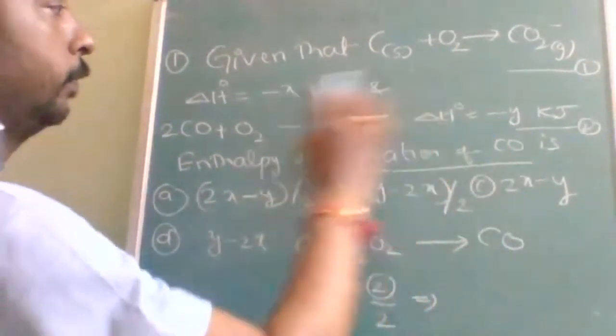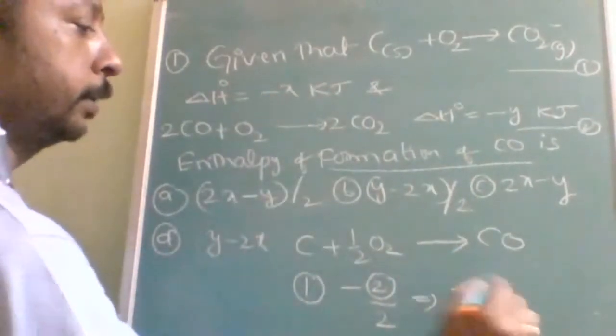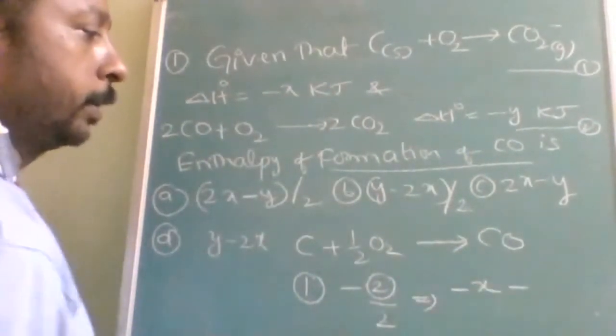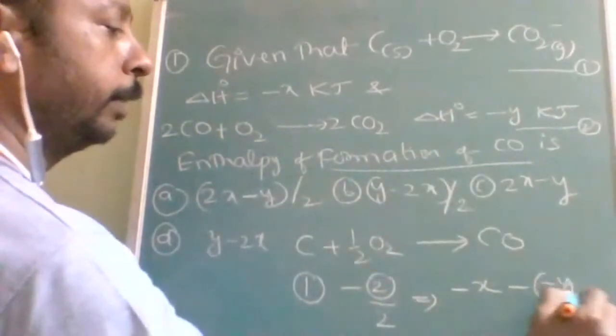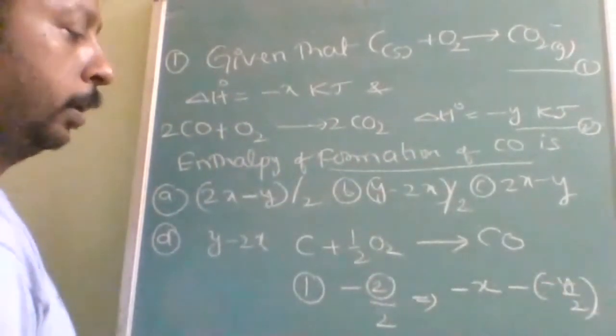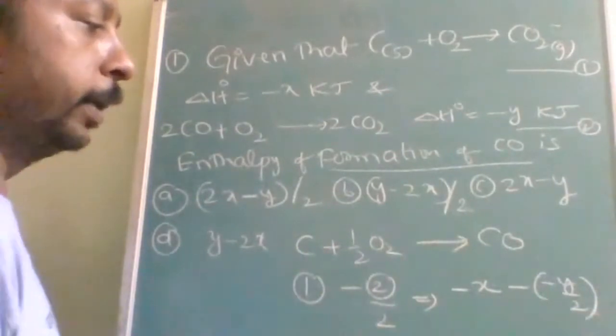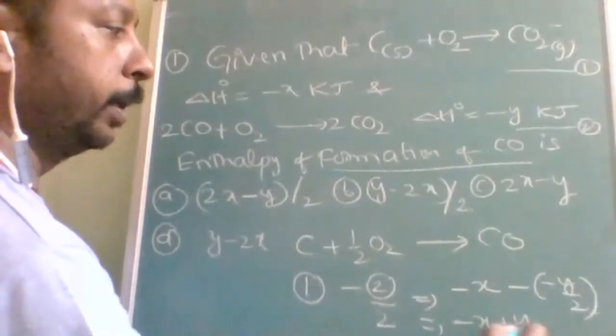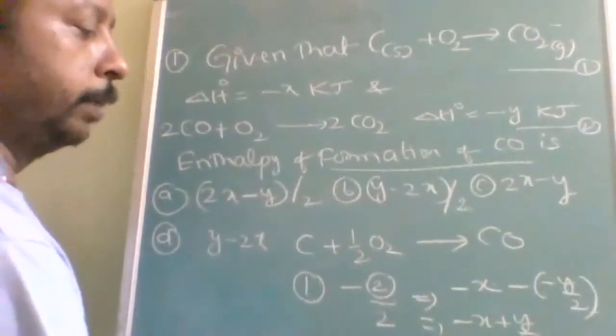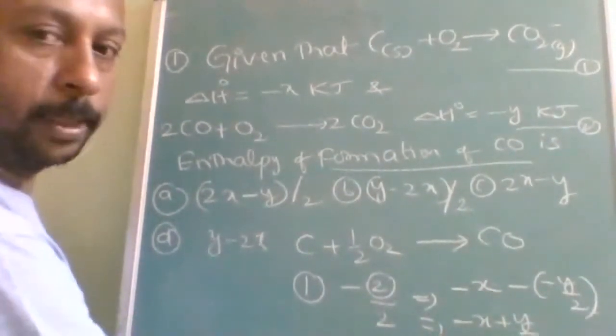Equation 1's value is minus x. Minus of minus y by 2, so minus x plus y by 2. So it can be written as y minus x by 2.